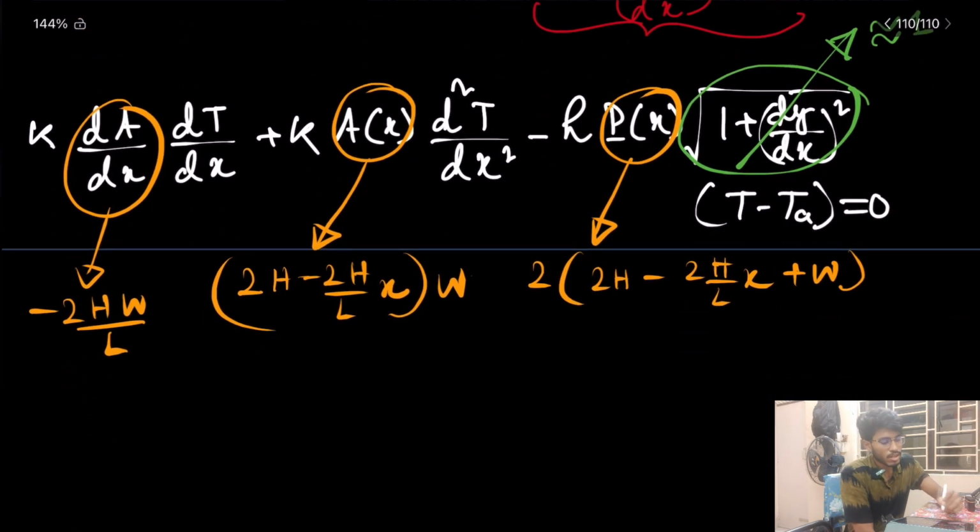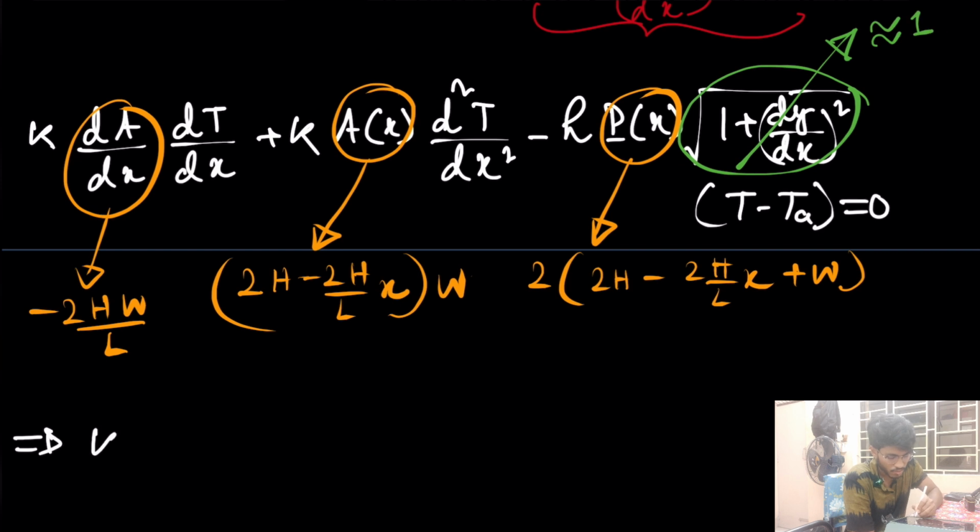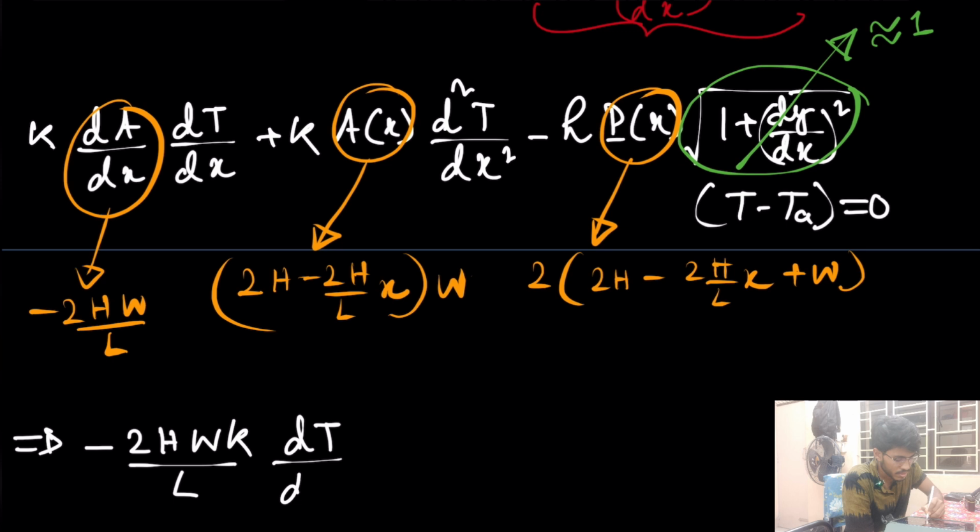So now if I write the equation, this will be minus 2hw k by L dT dx.